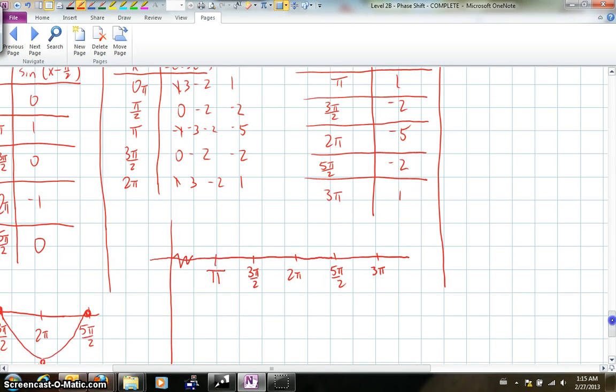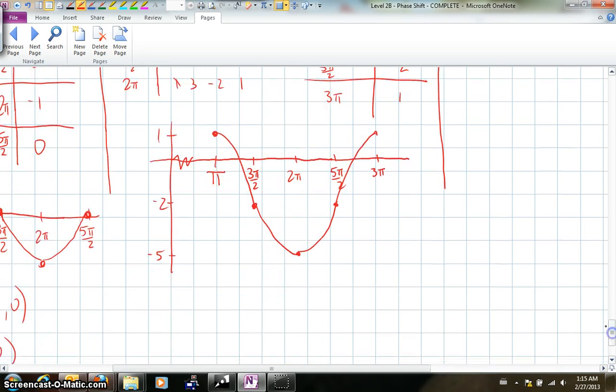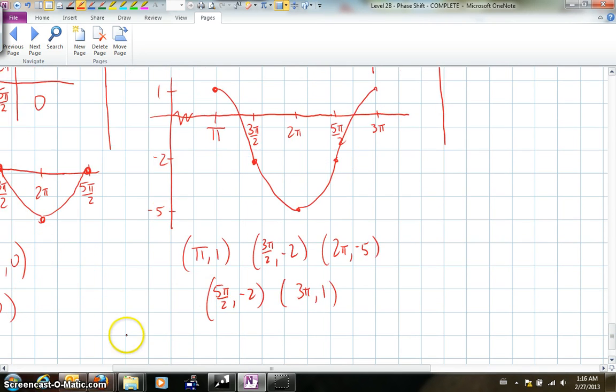Then our y values are 1, then -2 and -5, -2 and 1 again. And here's our most beautiful cosine graph ever. And so our 5 coordinates are these 5 right here.